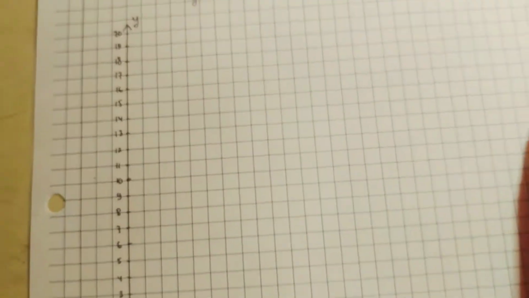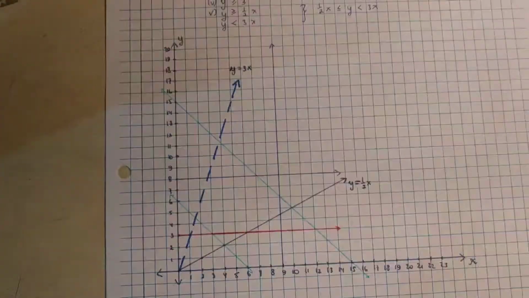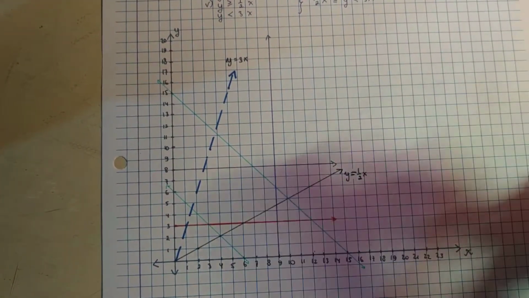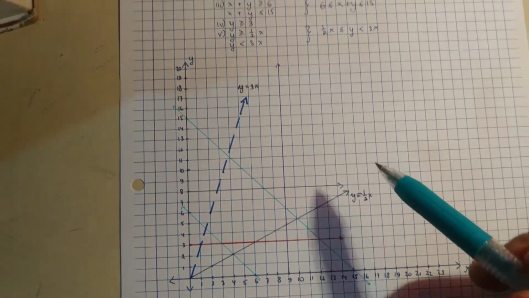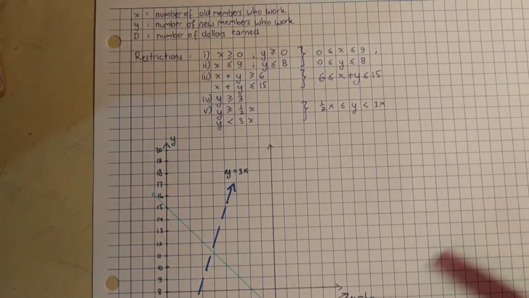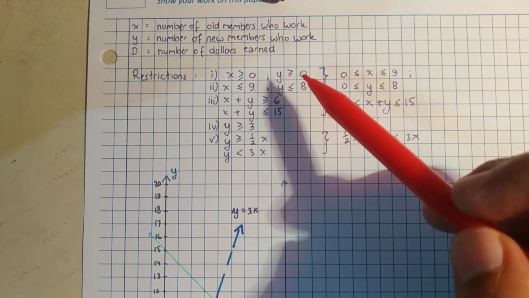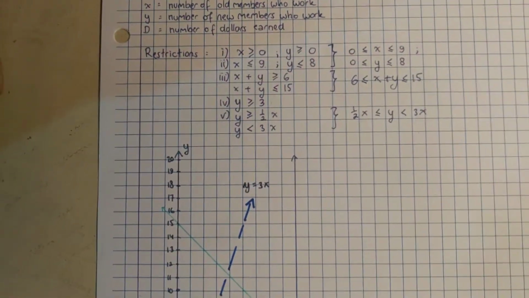So let's graph it. I will put all of these restrictions into this Cartesian plane. So this is the graph. Okay, I have already tried to graph it, so let's just sketch it. Let's go to the first one. The first one is x greater than or equal to 0 and y greater than or equal to 0.